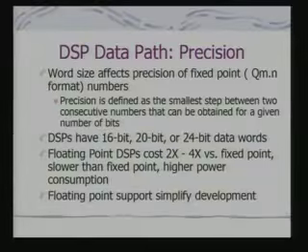Therefore, you can realize that the word size is a critical component, and you would choose a DSP depending on the precision requirement of your application program. So, I have shown some examples that DSPs can have 16-bit, 20-bit or even 24-bit data words.